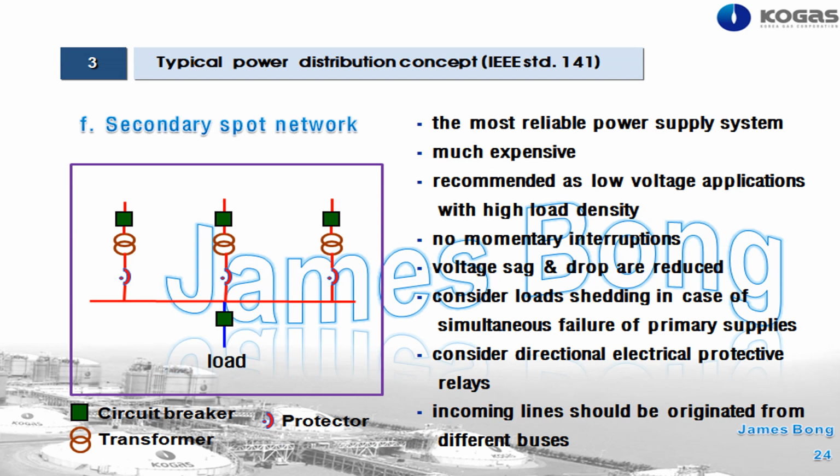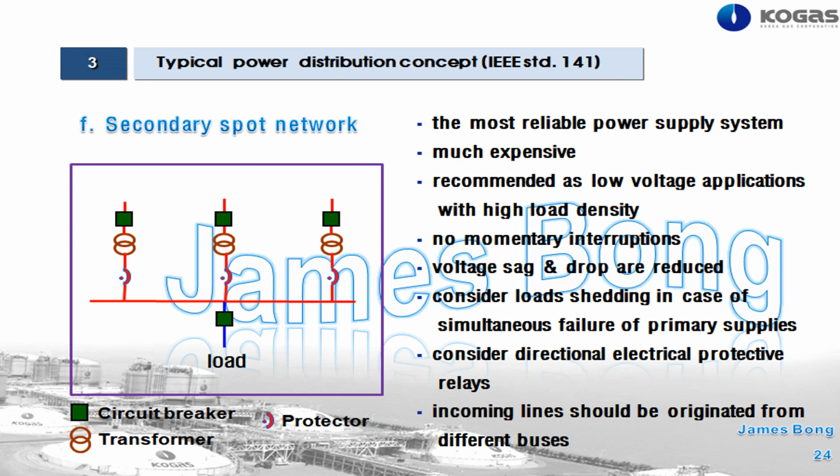This is a secondary spot network. This is the most reliable power supply system in terms of loads. IEEE recommends this for low voltage applications with a high load density. But as we saw in IEC, many plants use this at medium and high voltage.